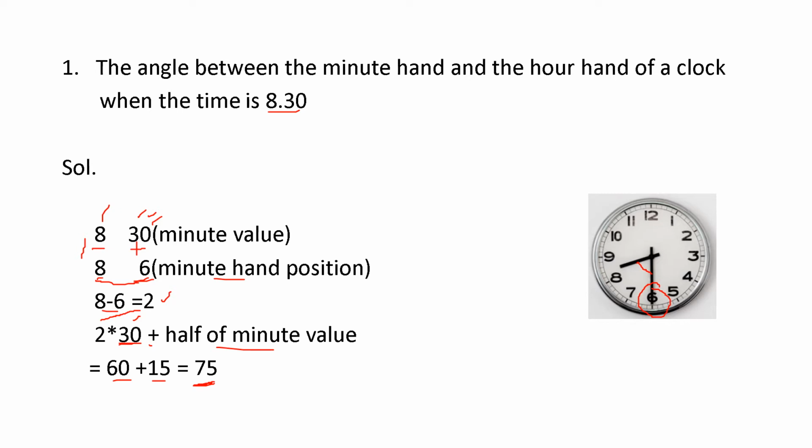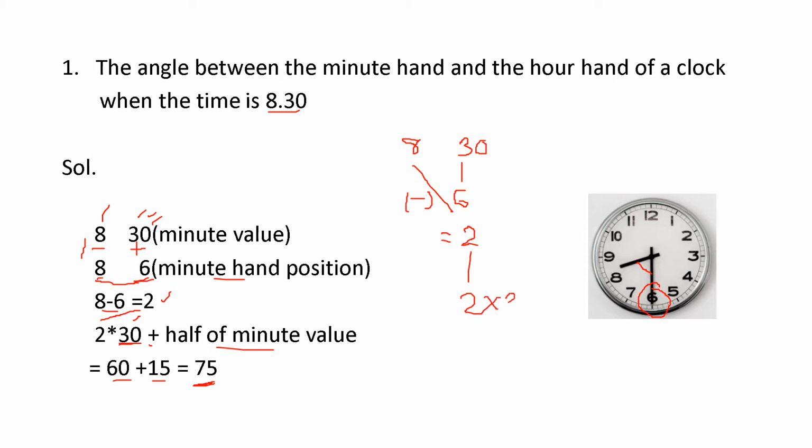Okay, so once again I repeat: 8 and then 30, and for 30 the hand position is at 6. So 8 minus 6 you have to do, and that is equal to 2, and then the difference 2 into 30.